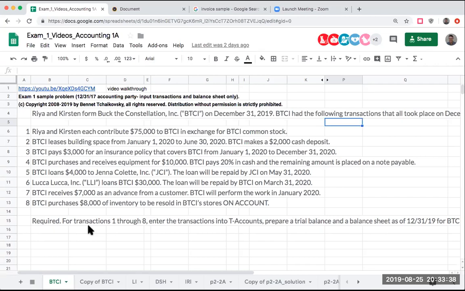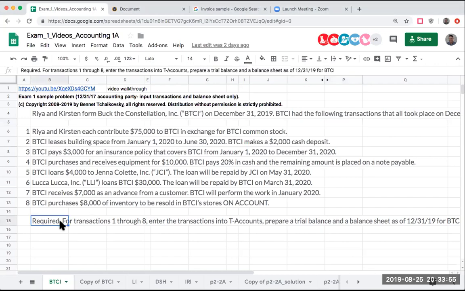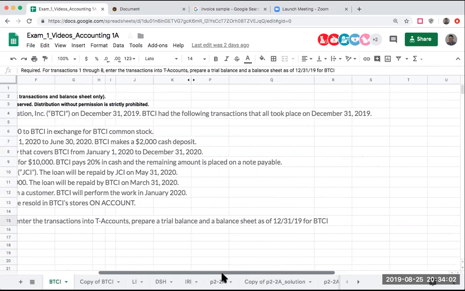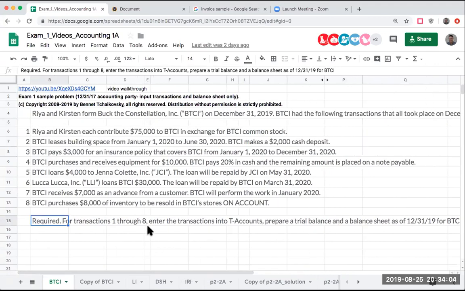For this question that I'm sharing on the screen, for Buck the Constellation, what I would do is practice it: put the transactions into T accounts, prepare a trial balance, and prepare a balance sheet as of December 31st, 2019. The solutions can be found in the videos.